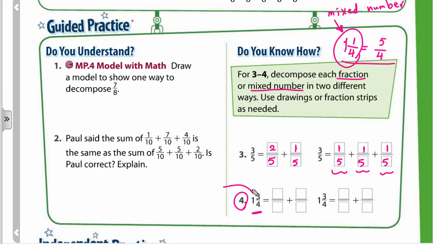Can you tell me, 1 and 3/4 is equivalent to how many fourths? Equivalent to 4/4. The 1 is 4/4. The 1 is 4/4. And the 3/4 here. So the total is 7/4.